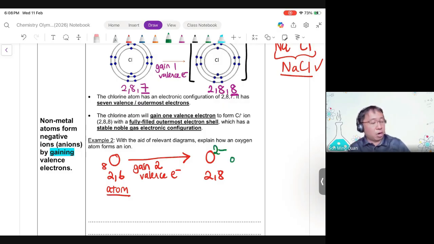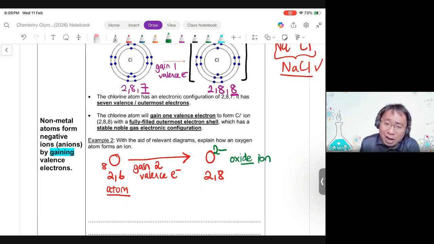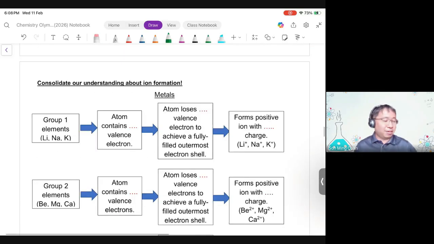So this is the oxide ion. Okay, so you notice the negative ions, their names will almost always end with -ide. Chloride, oxide, fluoride.